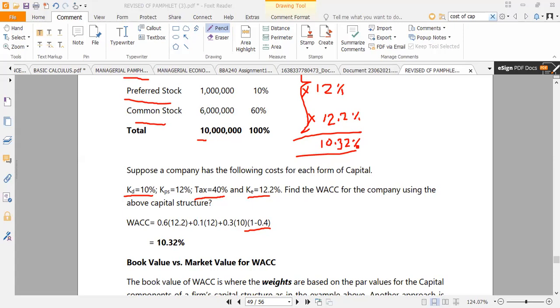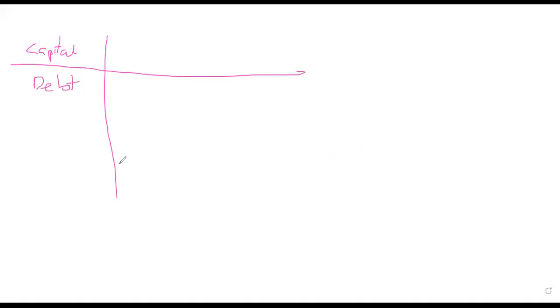Maybe we go through this example again on what you didn't understand on the percentages, the ones on your right. So we're given the costs as follows. We have 3 capitals: debt, preferred stock and common stock.